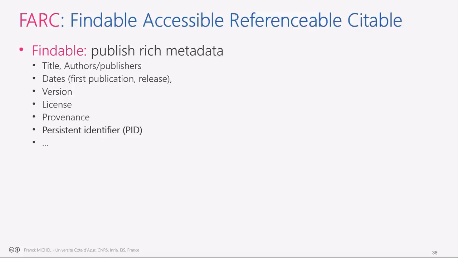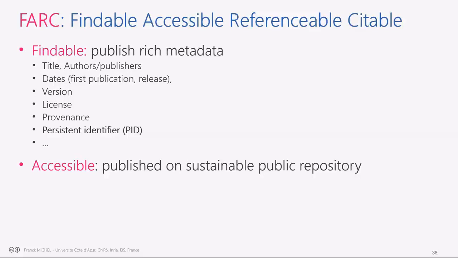Maybe your data set is derived from another data set, so you should have this provenance tracked in the metadata. You need a persistent identifier; I will come to this specific point just after that. And these metadata are typically what will be in a data portal or a repository where you can search either by keywords or by facets, and that will help you find what you want. That's the idea of findability. That's why metadata is necessary.